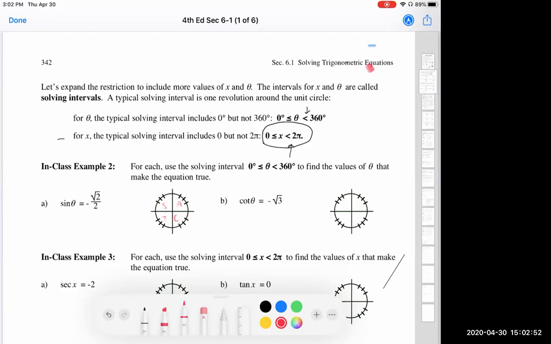So that means sine is positive in the first two quadrants. So our only possible quadrants that will work are quadrants 3 and 4. And you see that sine is negative radical 2 over 2 at 225 degrees and at 315 degrees. So theta is equal to 225 degrees and 315 degrees.